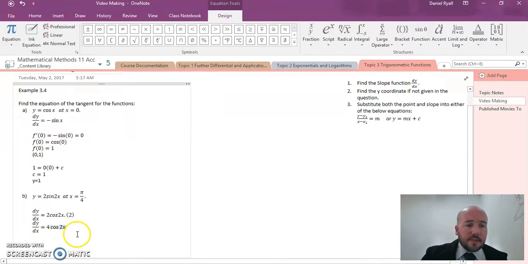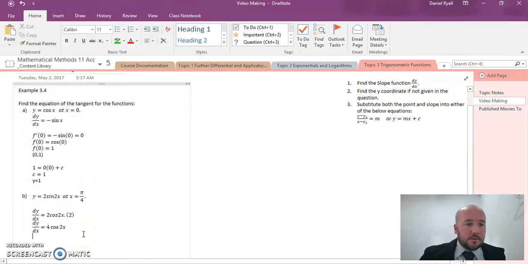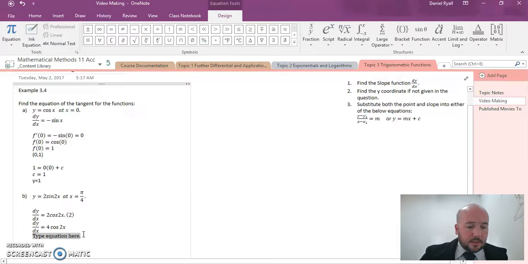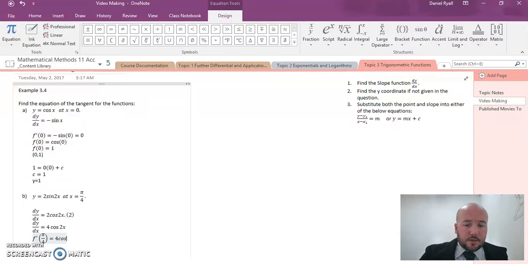So we've found the slope. We can go ahead and find what that slope is equal to, substituting in the x coordinate of pi over 4. Again, changing the notation just so we can read it a little bit easier. f dashed of pi over 4 is going to equal 4 cosine of 2 lots of that.